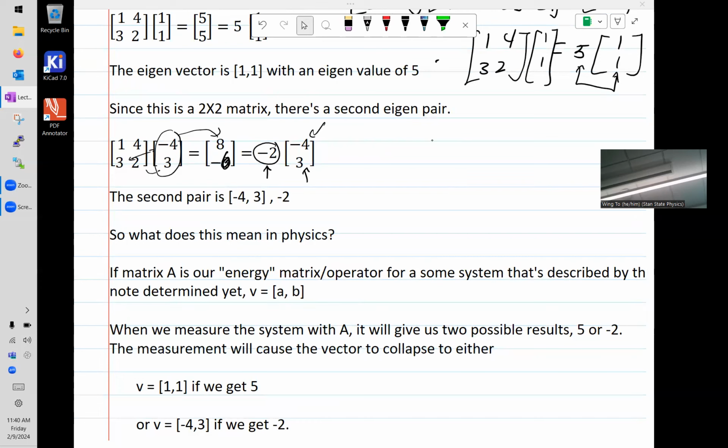Okay. So what does this mean in physics? Right. So doing a bunch of matrix math, what's the point of this? Okay.